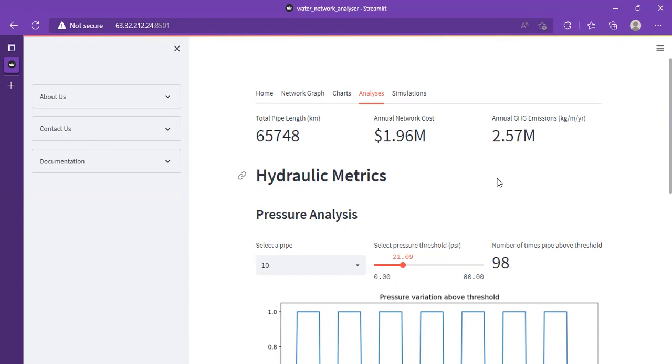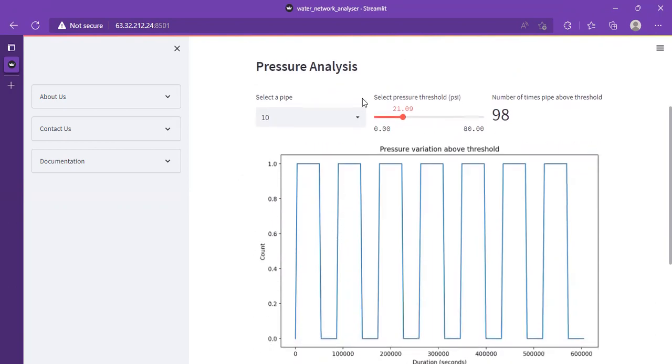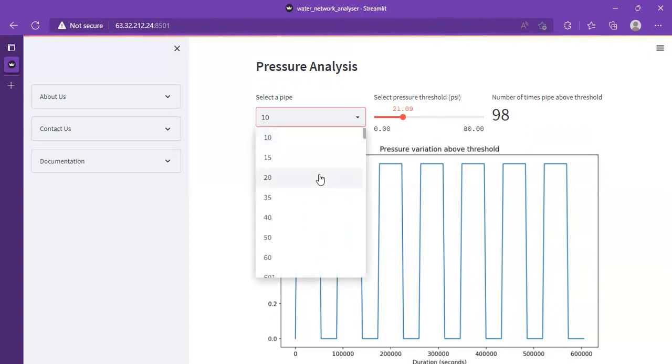The hydraulic metrics include the pressure analysis. You may want to know how pressure changes in one part of the pipe. In doing that, you may need to set a threshold of frequency to see how many times the pressure in that particular pipe changes or goes beyond the chosen threshold.